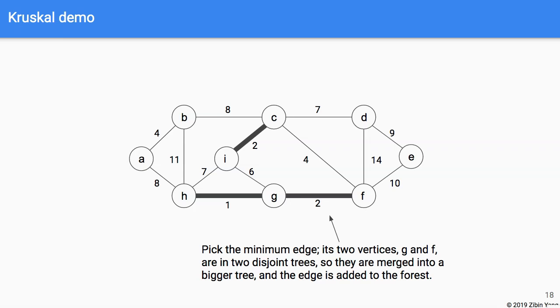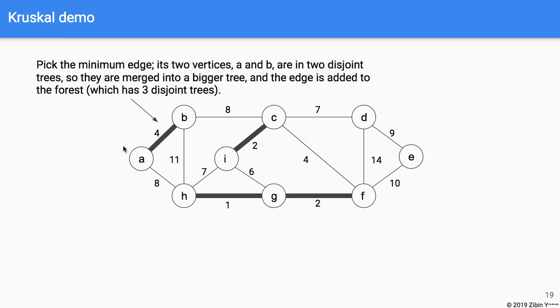Okay, moving on to the next. We don't have an edge of weight 3, so I guess we'll have to pick out an edge with weight 4. So let's pick out this one, and you notice there are actually 2 of them. So anyway, we picked this one out. A and B are each in their own tree, and they're disjoint.